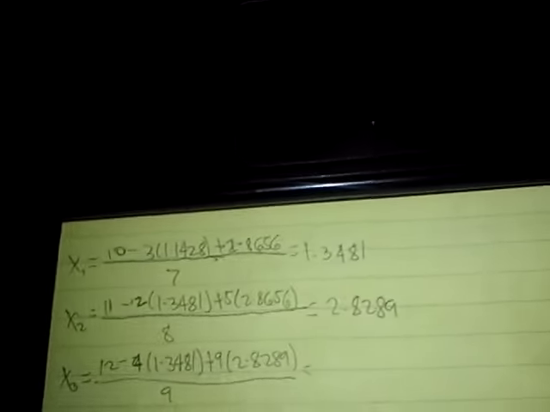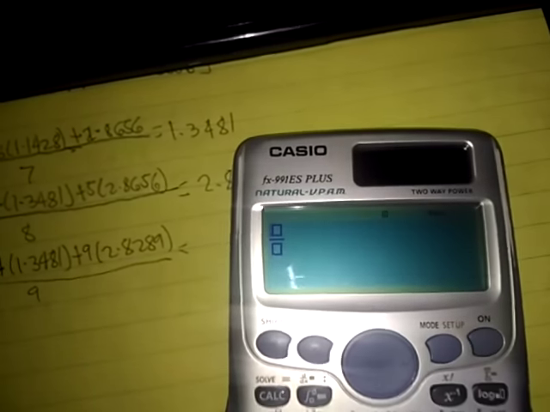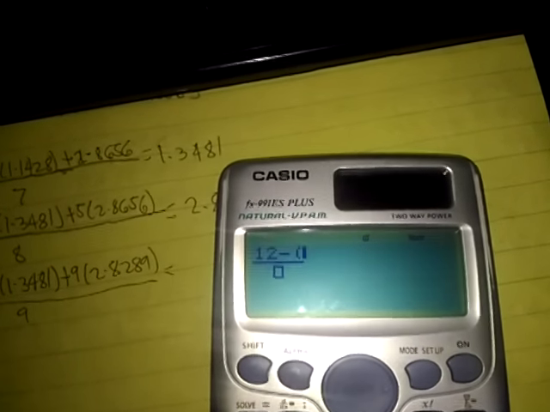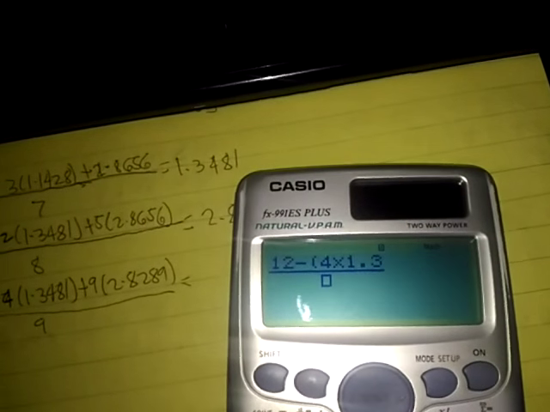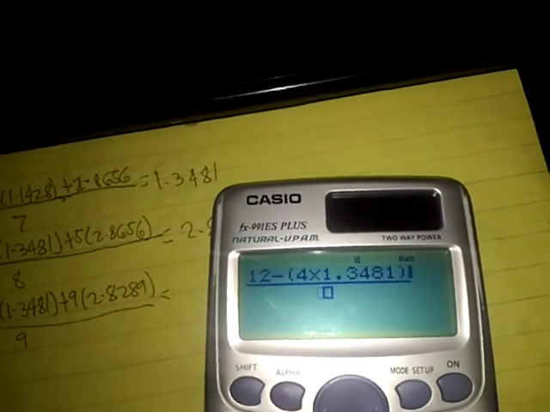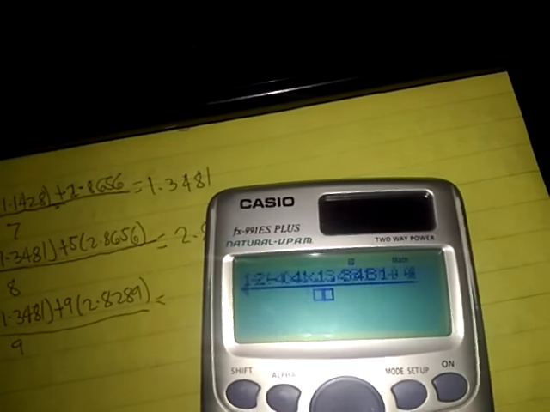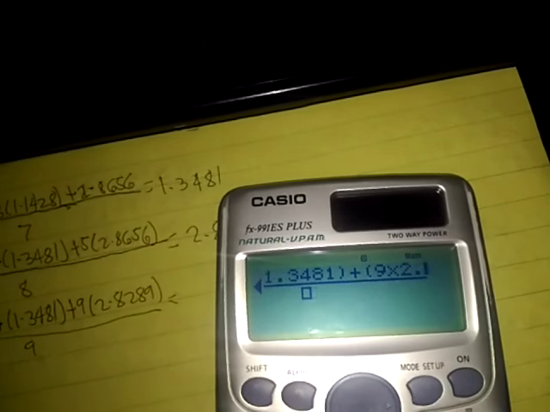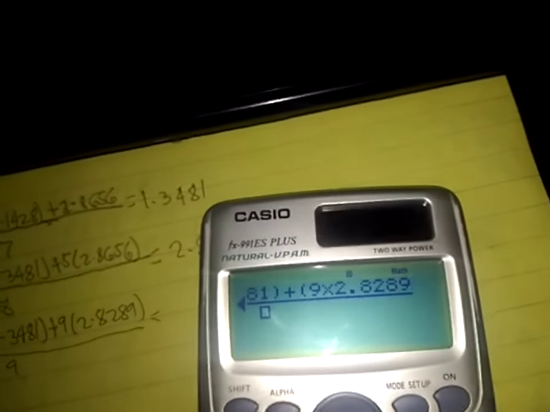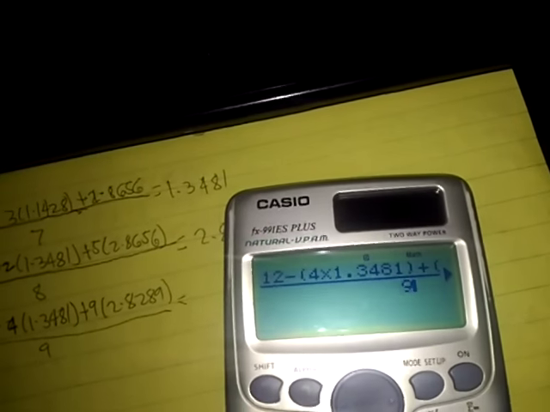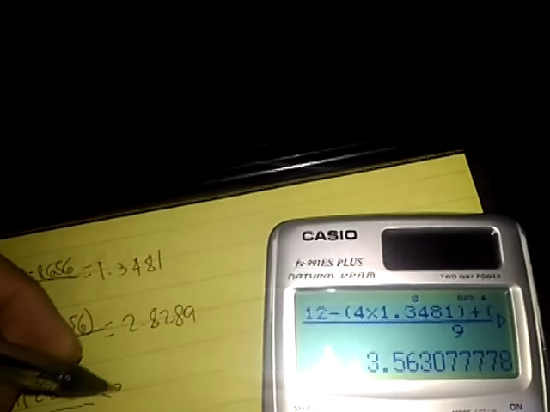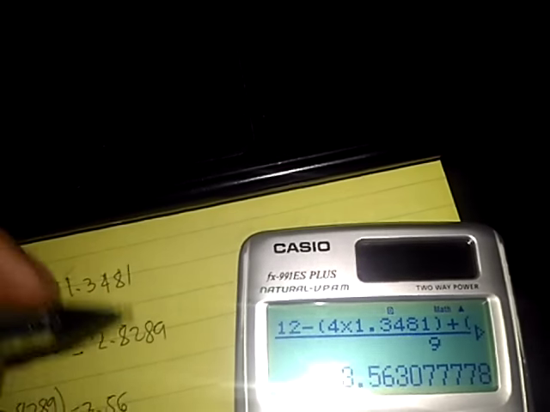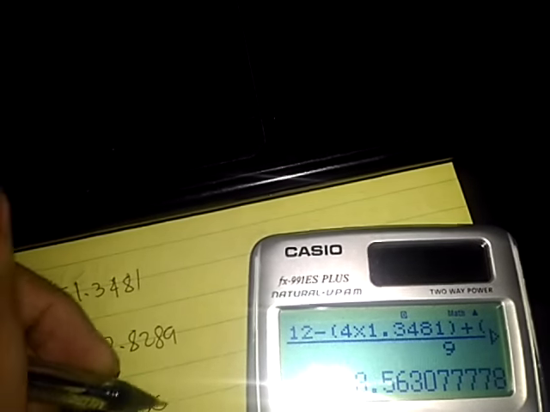So, kalkin natin. 12 minus 4 times 1.3481 plus 9 times 2.8289 over 9. So, equal siya sa 3.5630.